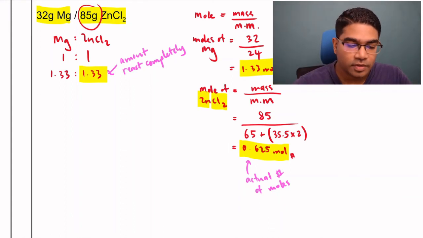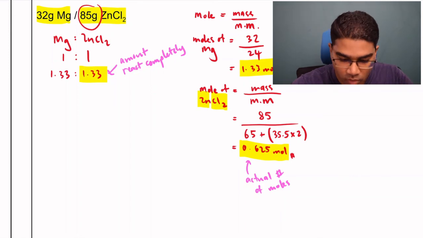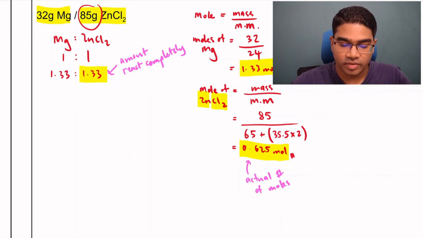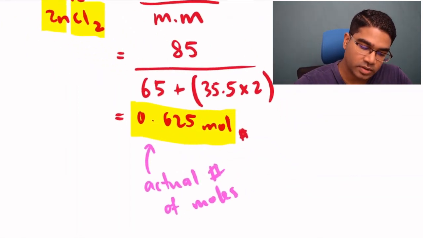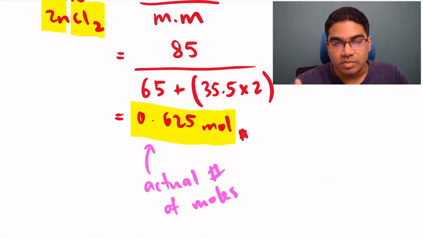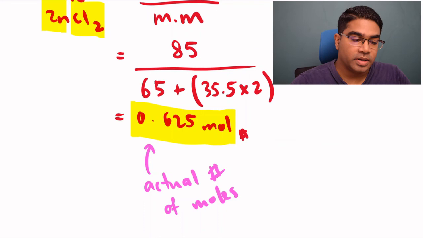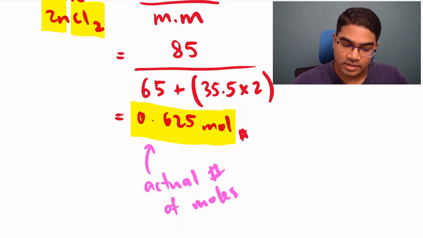Because in order for magnesium to react completely, it has to react with 1.33 moles of zinc chloride. However, we only have 0.625 moles of zinc chloride present. So there is not enough zinc chloride, which means zinc chloride is the limiting reagent because there's not enough of it, whereas magnesium would be in excess.